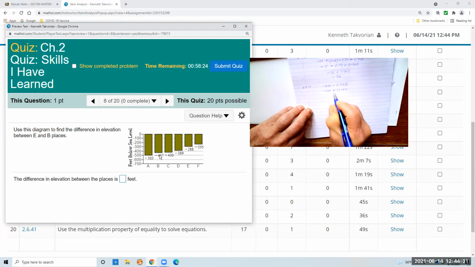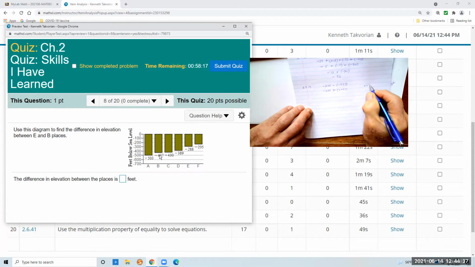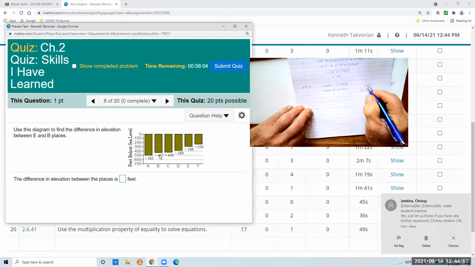So now we want to add a negative number and a positive number. So I'm going to put the positive number up top, 437. I'm going to put 288 underneath it. And I'm going to add a negative number and a positive number.